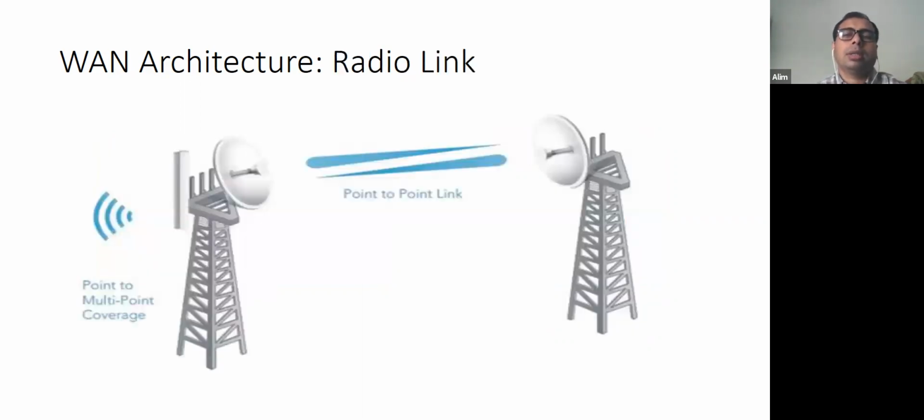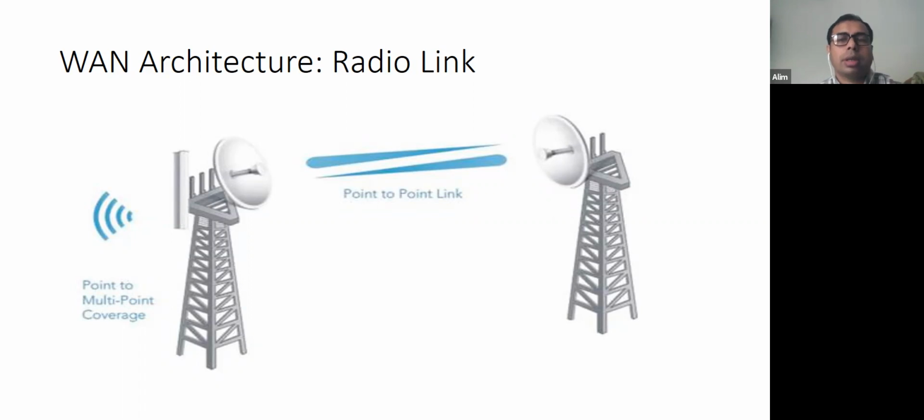Another technique is radio link. They install a radio at your location, and there is another at the location where the radio link internet service is provided. So you have a point-to-point connection. You need a line of sight connection.